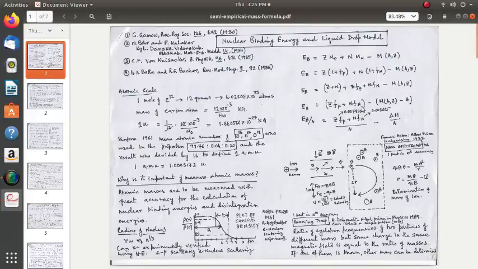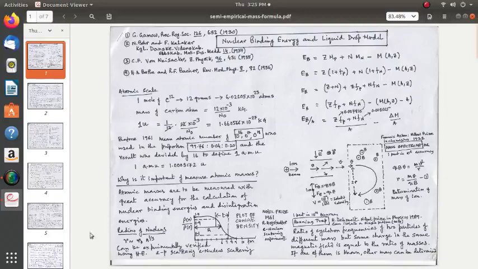But later when the atomic model was established, then it was easy to have a correspondence and physically understand the relation between the packing fraction and binding energy. We will discuss it a little bit more later in the transparencies.